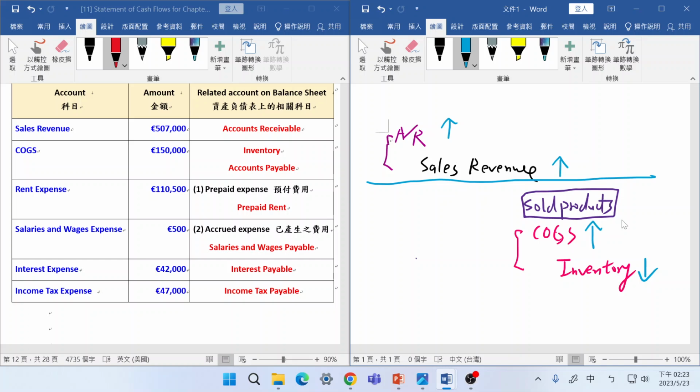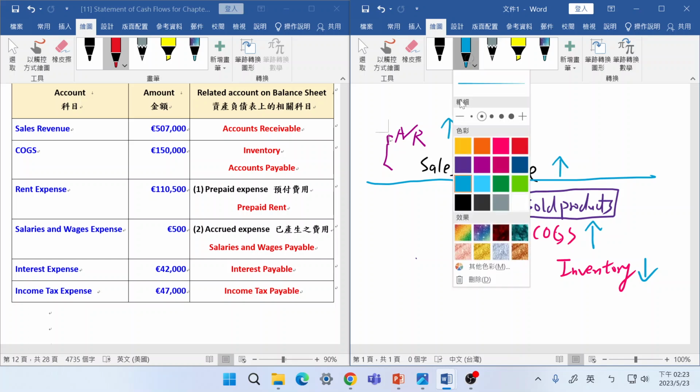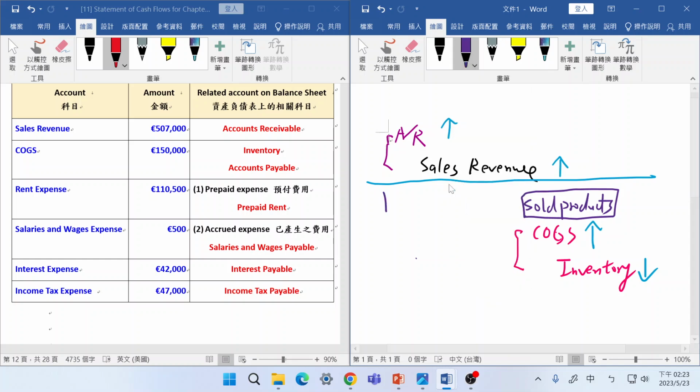When I sell the product, before you sell the product, you should do what? Buy the products, buy your inventories, right? Buy the inventory and sell the products, okay?